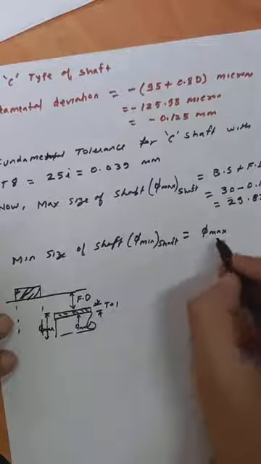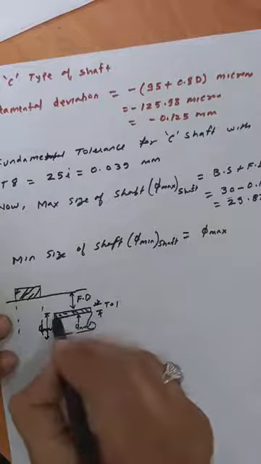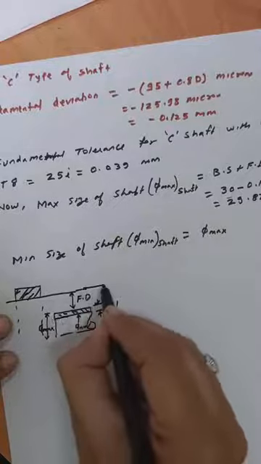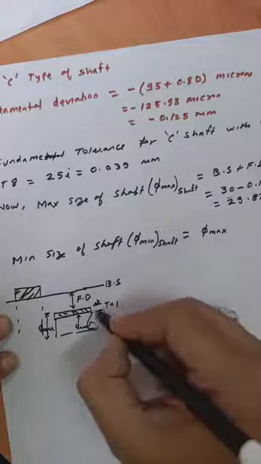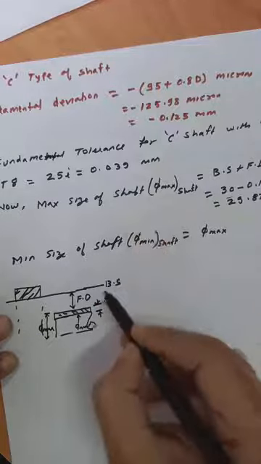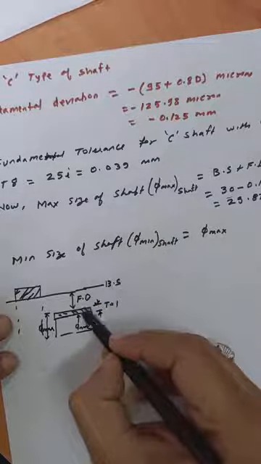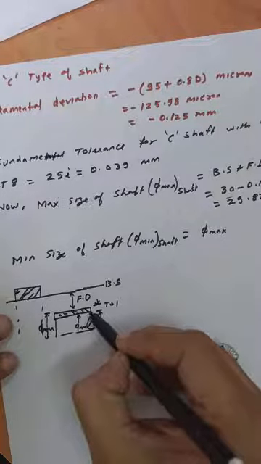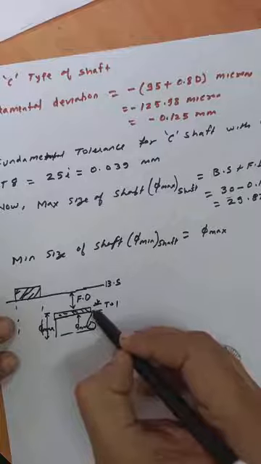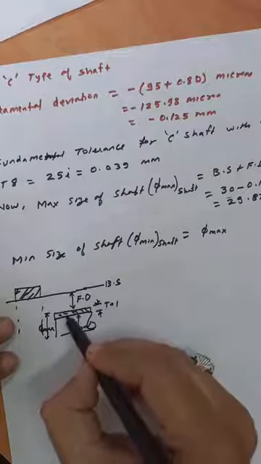To calculate the maximum size, the basic size minus the fundamental deviation gives the maximum. To calculate the minimum size, we reduce the maximum by the tolerance.